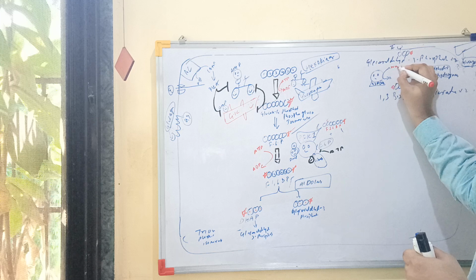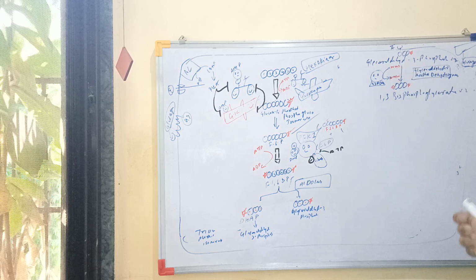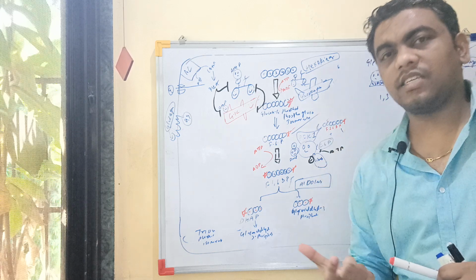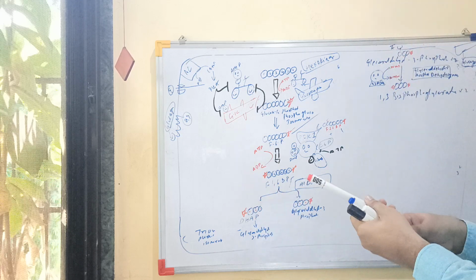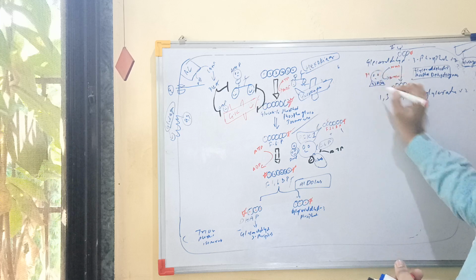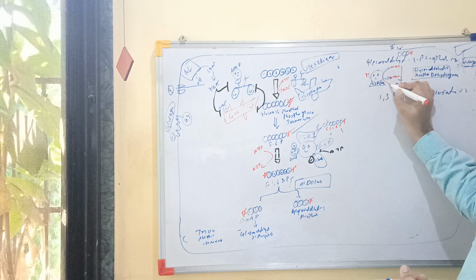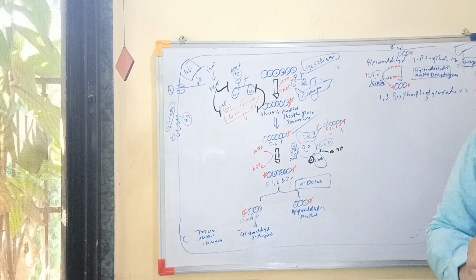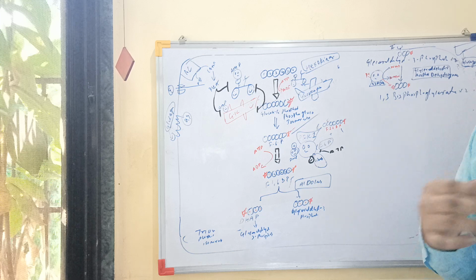This is NAD and NADH. Here we are taking NAD and it is giving NADH. And this enzyme is also taking inorganic phosphate and attaching this inorganic phosphate here at the first position.